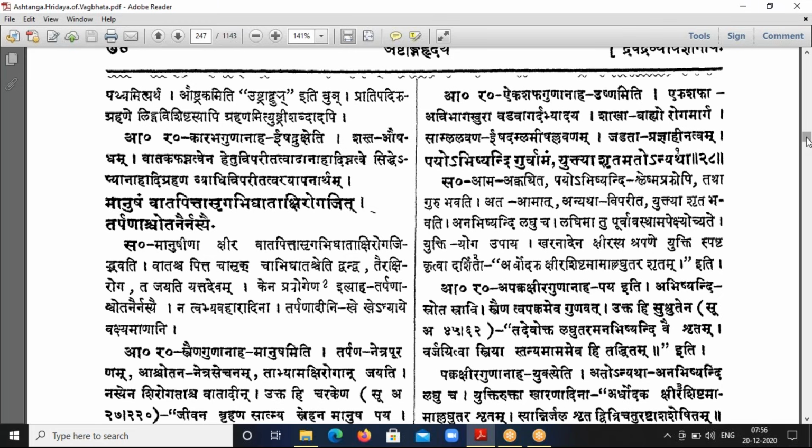Say, for example, when you give cow's milk to a Kshirada Shishu, I think we have to consider all these things very seriously because of the differences in the Gurutvam of Manusha Kshiram and Go Kshiram.